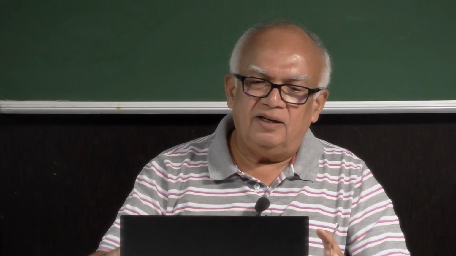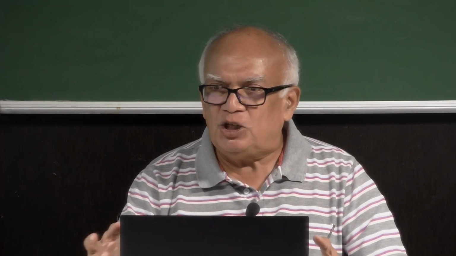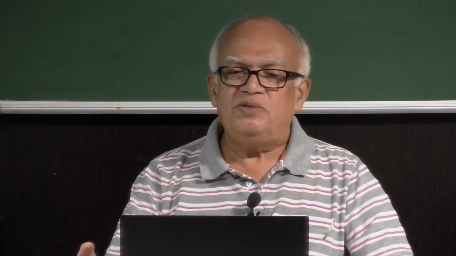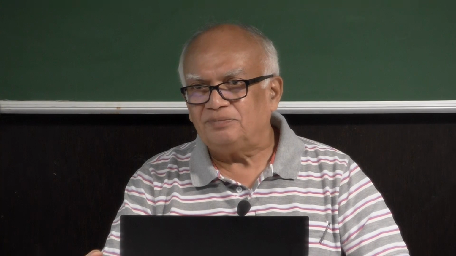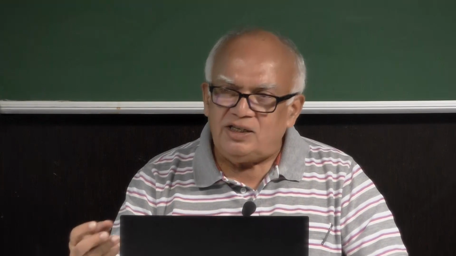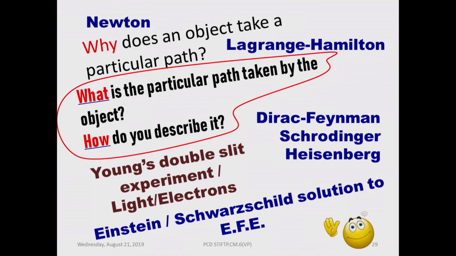But it does not tell us very much. So, science does not really try to answer this question, why does an object take a particular path? It tells you what is the path that the object takes. And it describes it very accurately, very scientifically, and it challenges that, okay, go ahead and test it.